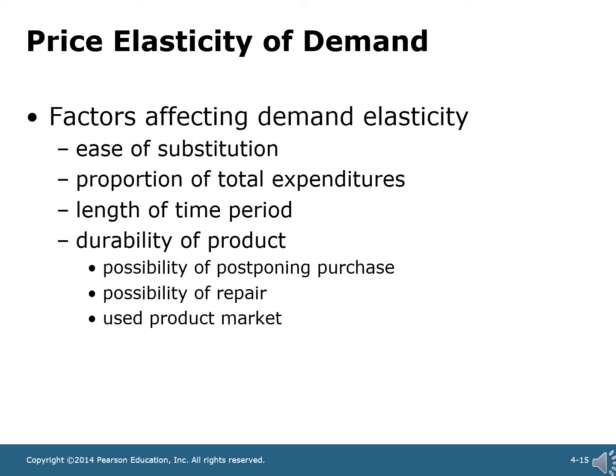Another factor affecting that is the proportion of the price of a good in your total expenditures. So if you're spending a small portion of your annual salary on a good or service, you're going to be less sensitive to a change in price. So salt is the best example of that.